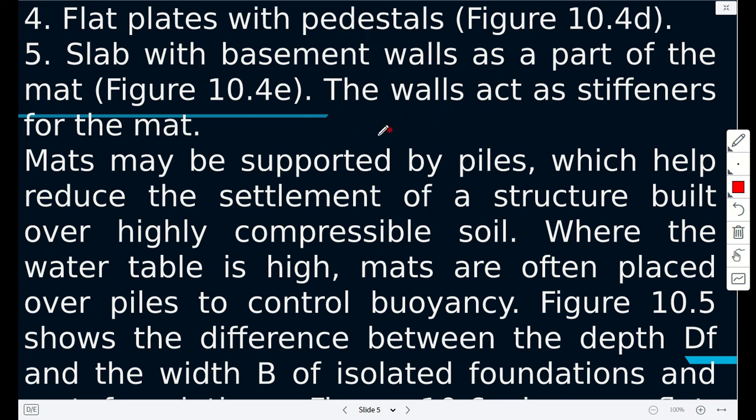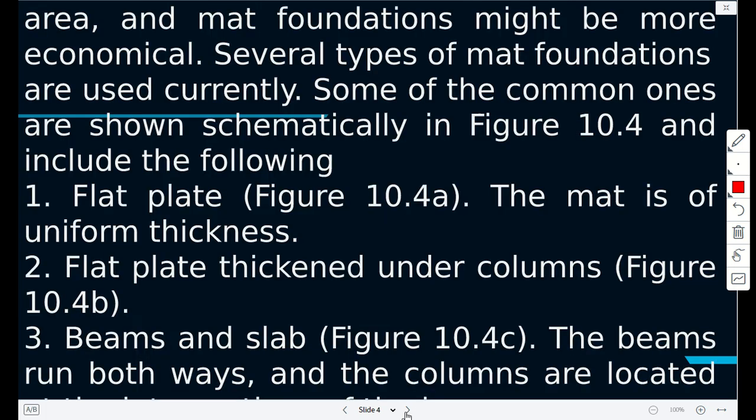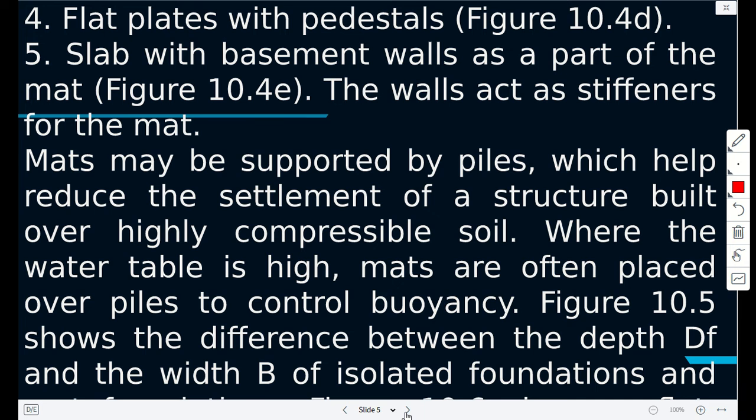So slab with basement walls as part of the mat foundation. The walls act as stiffeners. Actually, this is sometimes used even when you do what we call deep excavation. Once you do the base, the walls remain. You don't demolish. The idea is that basement walls become part of the foundation.